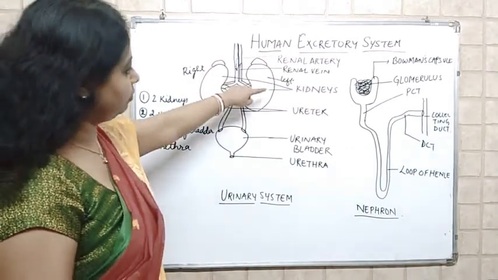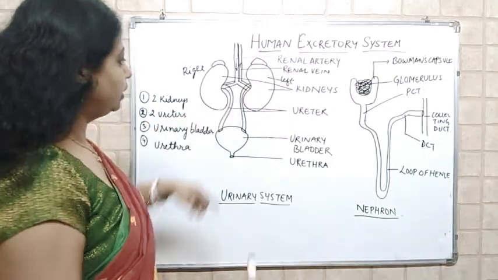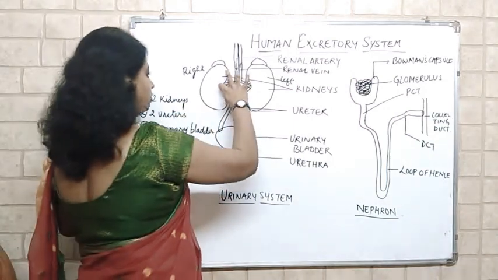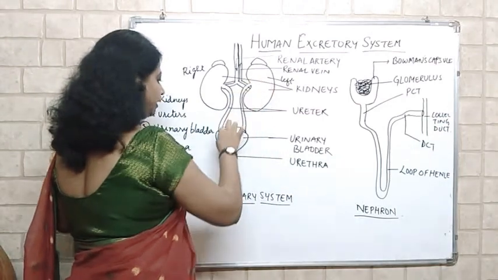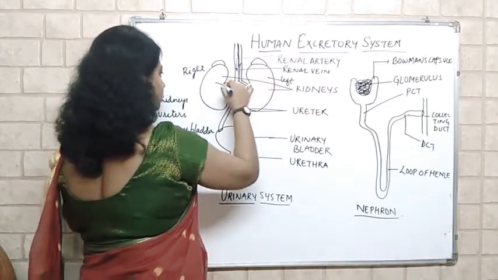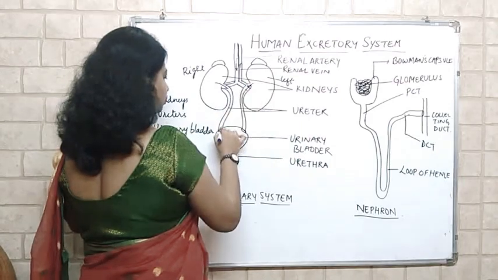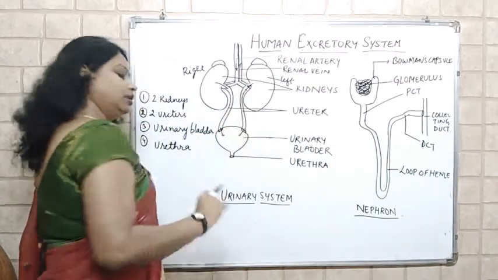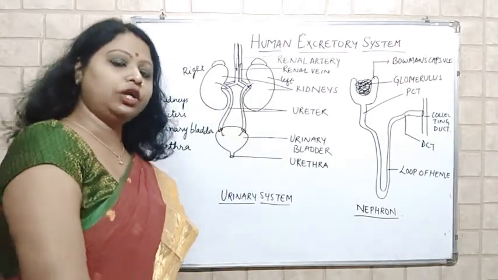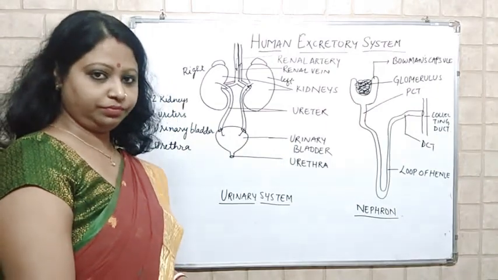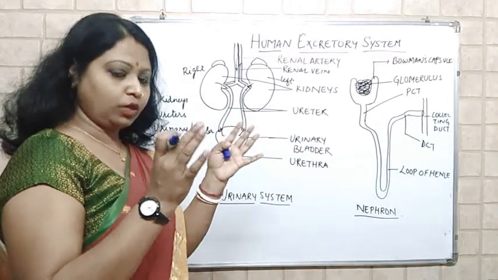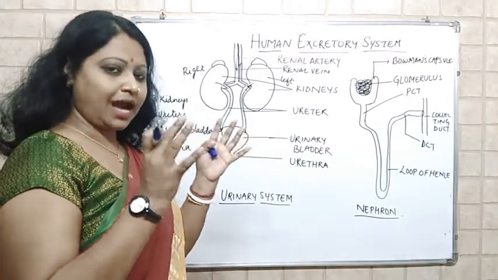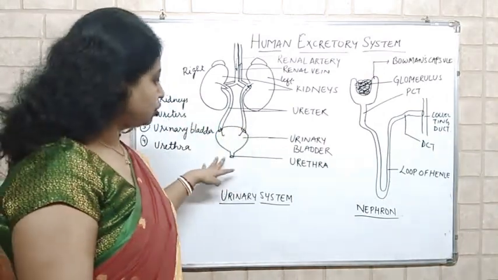After filtration, when the urine is formed, that urine will be transported through these ureters and then it will enter into the muscular bag called urinary bladder. This is a muscular bag which can expand. It can hold the urine. It has voluntary muscles, so you will get the urge.